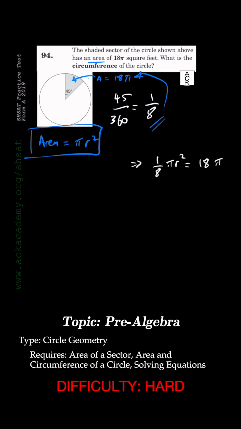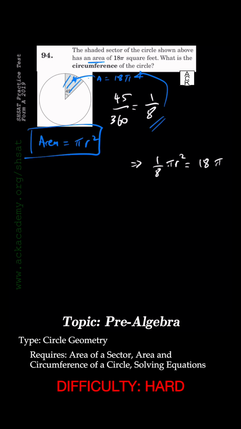Make sure this makes sense: area is pi r squared, and 1/8 pi r squared is equal to the area of this segment.